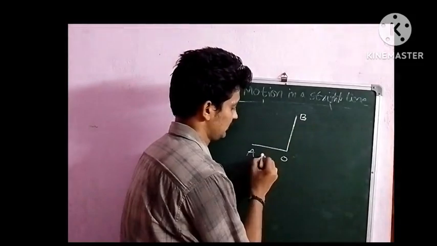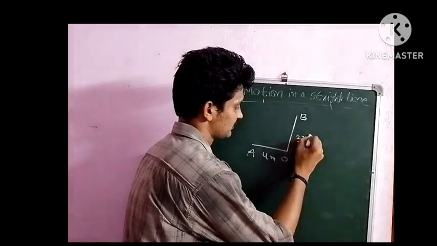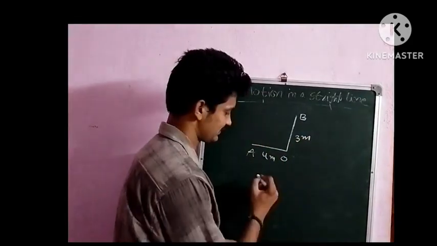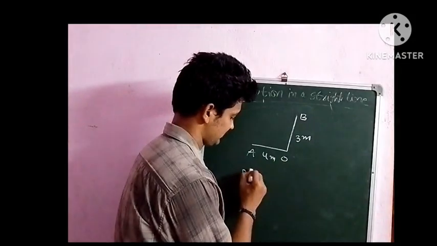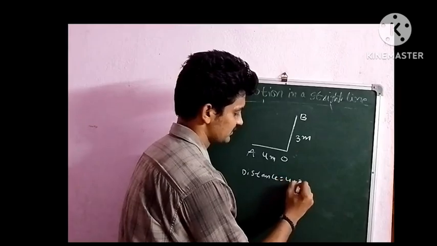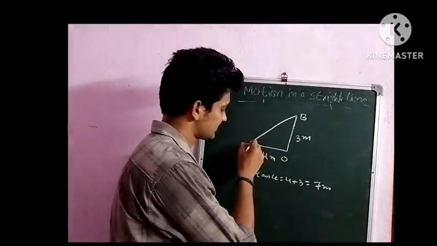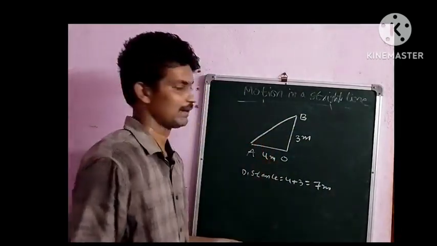AOB. This is 4 meters and this is 3 meters. What is the distance, guys? Distance is 4 plus 3, equal to 7 meters. What is the displacement?